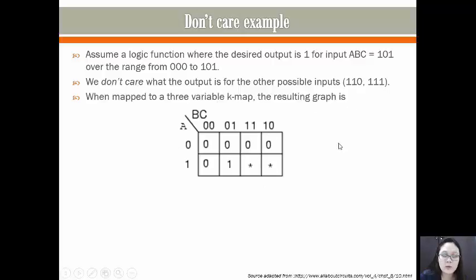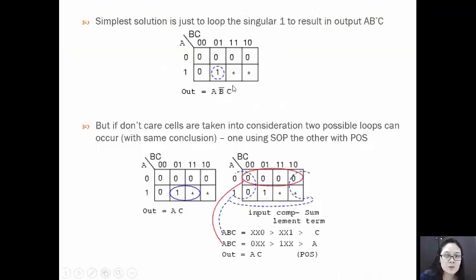Then these two will be like don't care condition. So if we admit these 2 are 0, then the result is only grouping the one 1. So the output will be A, B prime, C. This is the simplest solution.